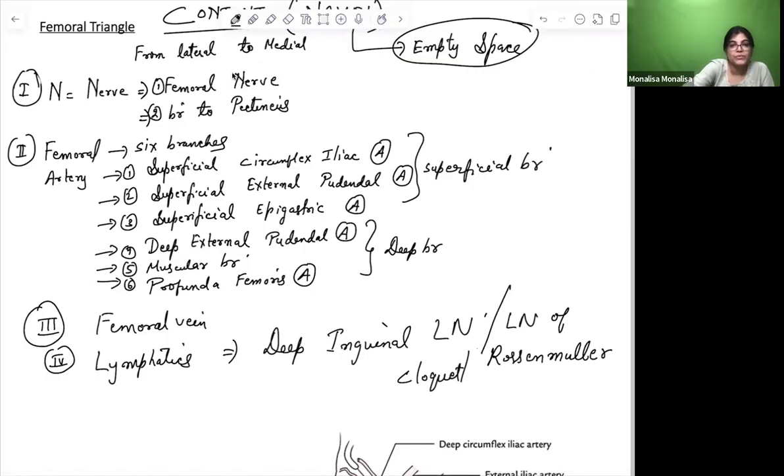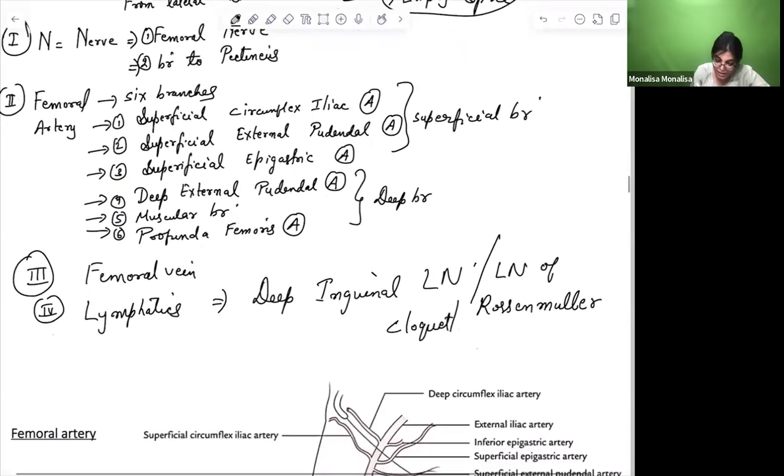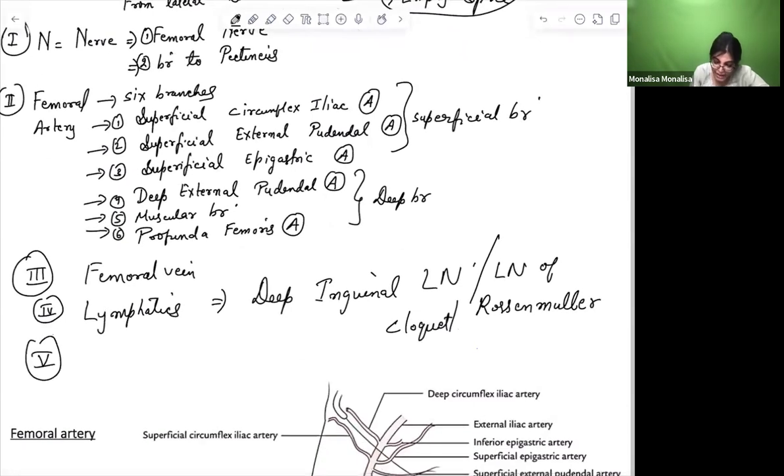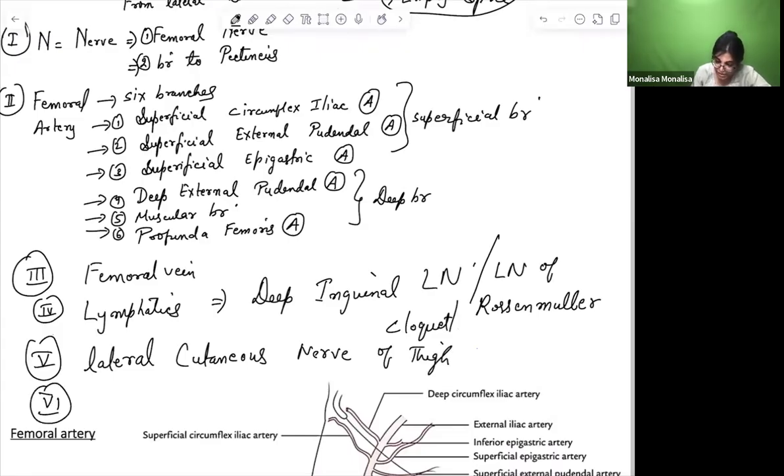Yes, I'm coming to that. Don't worry, you are right, more contents are there. We will have the deep inguinal lymph node, the lymph node of Cloquet and Rosenmuller. The other contents are a few more nerves: the lateral cutaneous nerve of thigh and the femoral branch of GTN.